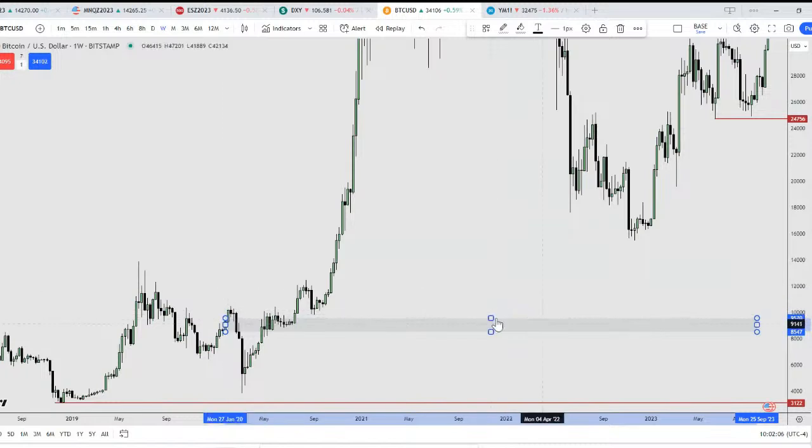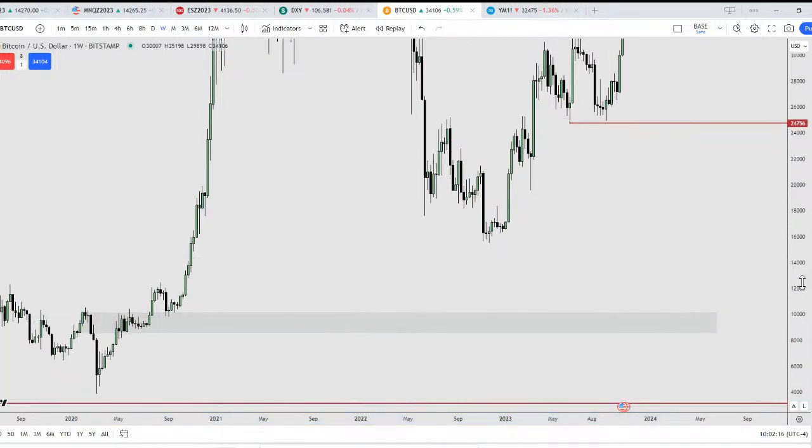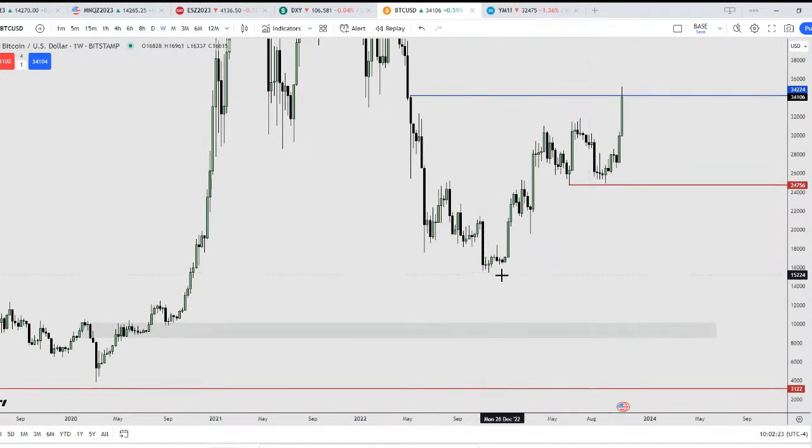Oops. $10,000 Bitcoin is all I'm looking at, eventually, once the lows here are taken, and I am assuming that's going to happen.